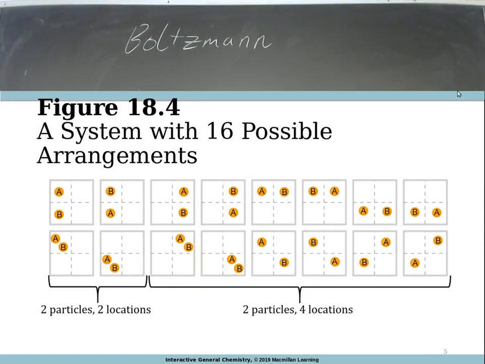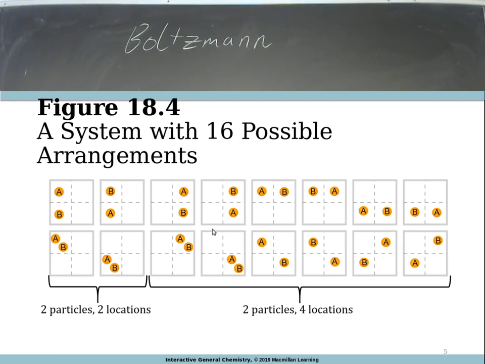Now, I don't want to get too far into this, but I do want to briefly mention that there is a difference between microstates and macrostates. If you look at these first two configurations up here, there are two different configurations that would share identical physical properties. For example, they would have equal pressures on the left side and zero pressure on the right side in this highly idealized, highly simplified system.